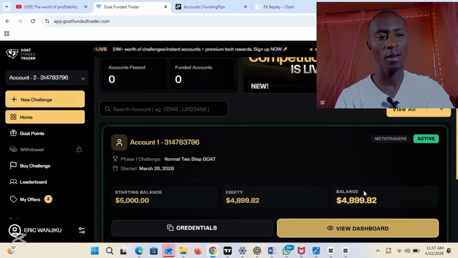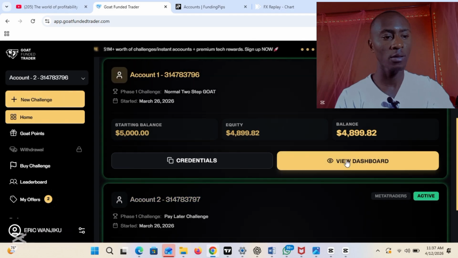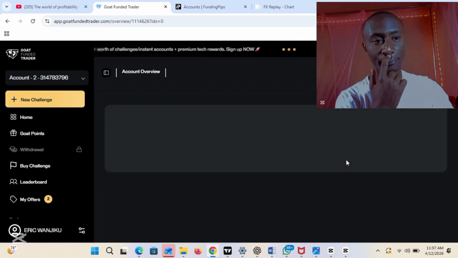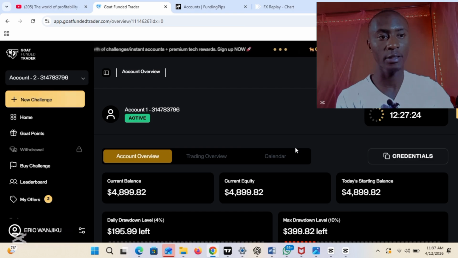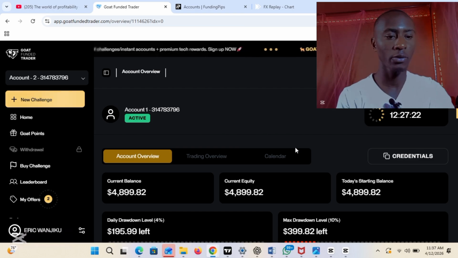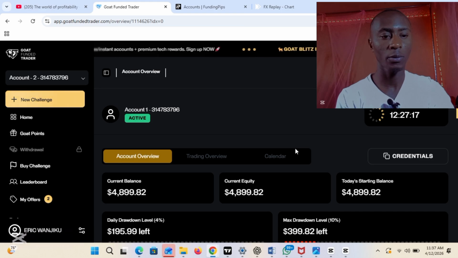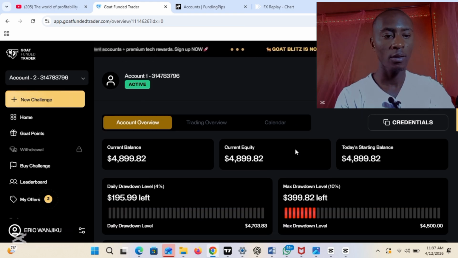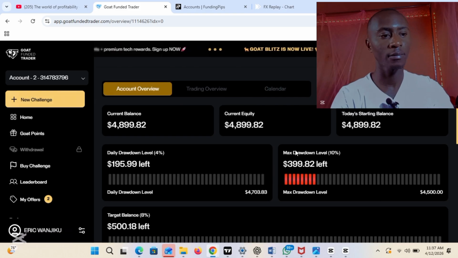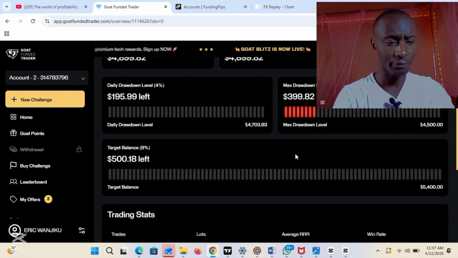Actually there are two accounts. The first account is this account that I purchased. It's from Goat Funded Trader. By the way, I've also been speculating this profile, and it's not a bad profile, so you guys can take a look at it as well.